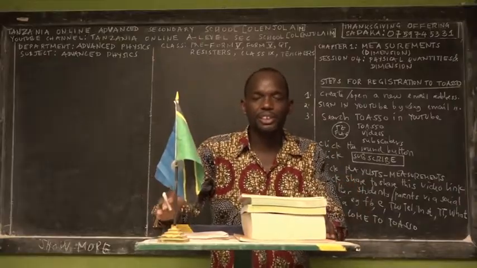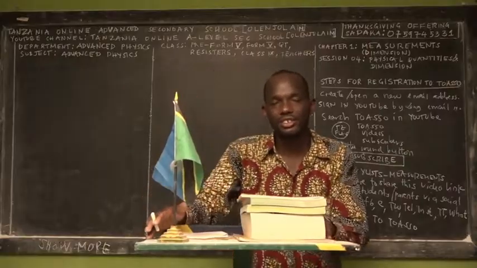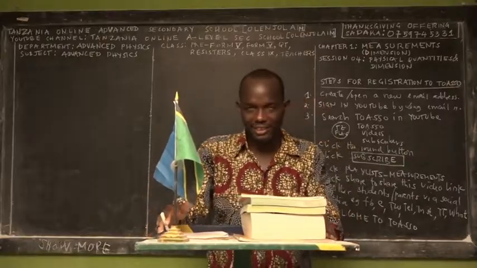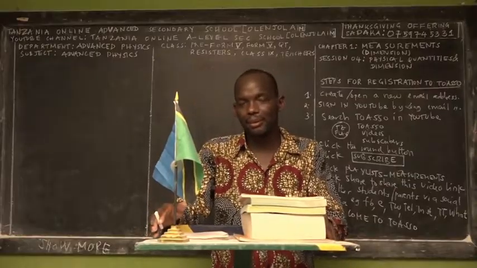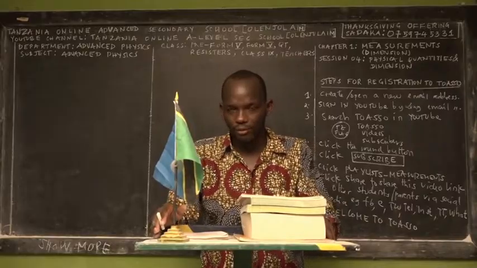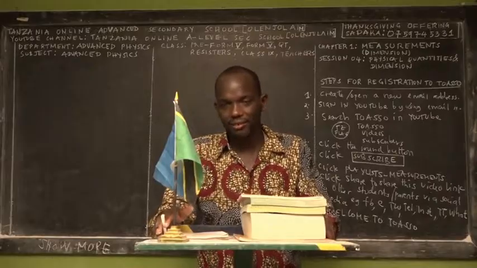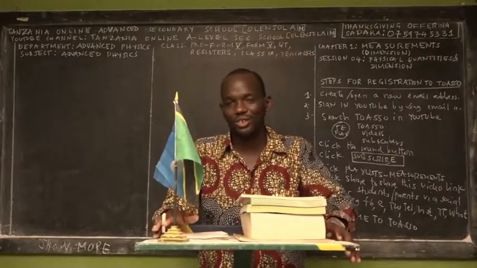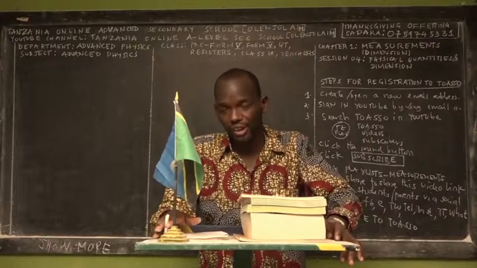The fifth is Advanced Mathematics Form 5, and the sixth is Advanced Mathematics Form 6. The seventh is Basic Applied Mathematics Form 5, and the eighth is Basic Applied Mathematics Form 6. Wonderful. So, a total of 8 subjects for advanced education.